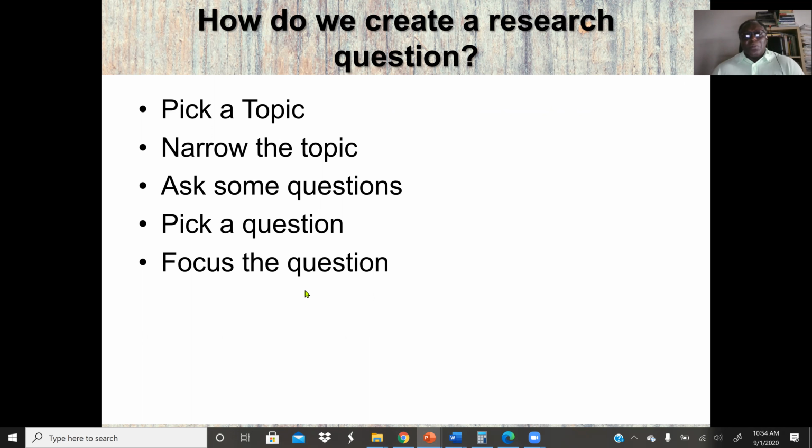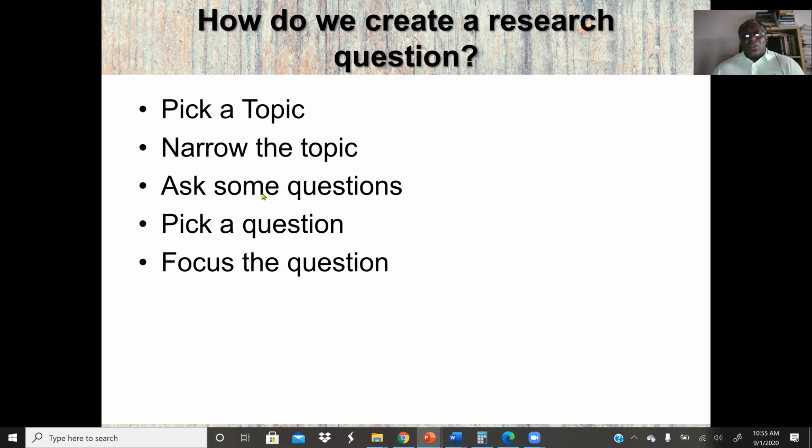For example, I can pick a topic like the education system in the US. I may narrow this topic by deciding what type of education: higher education, elementary education, technical education, etc. So I may narrow it to higher education in the US.